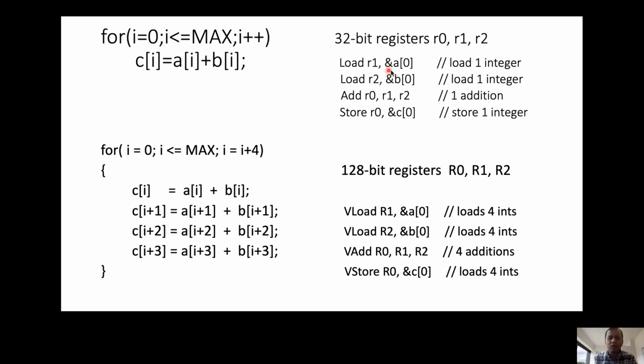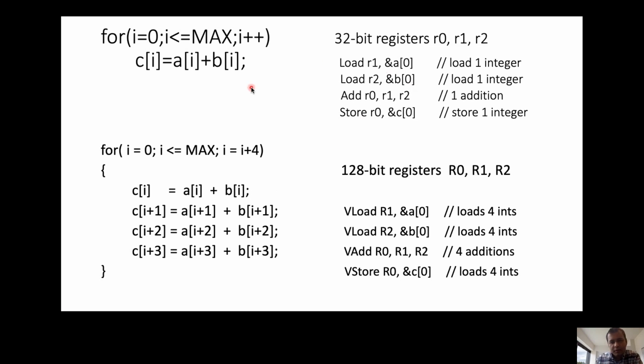So you do a load operation for the first element of A, then a load operation for the first element of B, and then you add them, and then you store the result in C0. This is how you write one iteration of this loop at the assembly level, and you can think of this as pseudo code. It's not standard assembly code, but the idea is highlighted here.